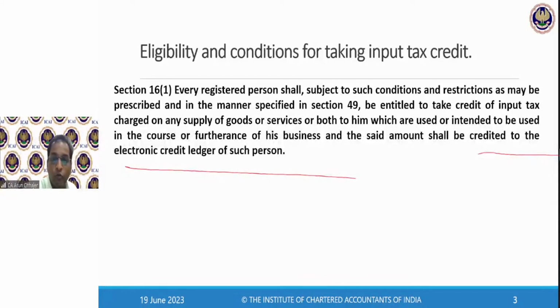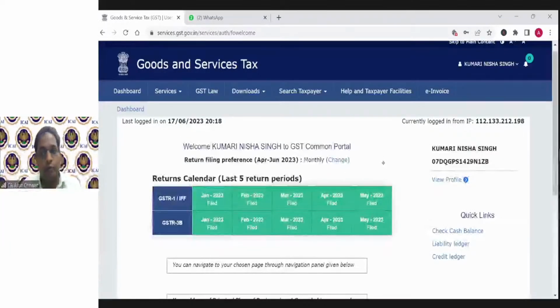Now I should move to the GST return portal. मैं आपको कुछ बेसिक बातें बताता हूं, and which is going to be used in the ITC chapter multiple times. So you should be thorough about certain concepts, not all concepts, certain concepts. What is the point which I'd like to highlight?